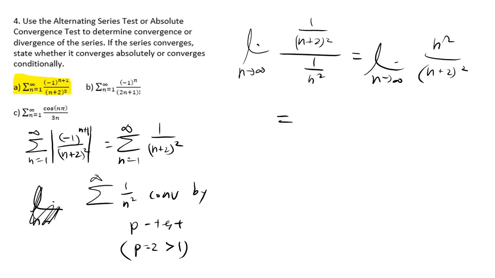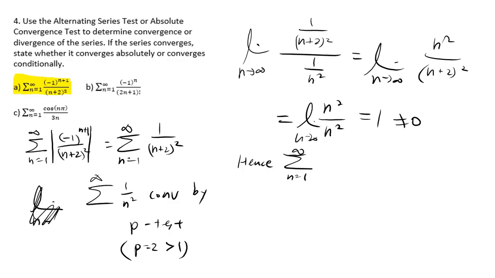Since n dominates 2, that's almost like n squared over n squared, and that's 1, which is not equal to 0. If it's not equal to 0, that means the limit comparison test works. So hence, sigma n from 1 through infinity of 1 over n plus 2 squared converges by limit comparison test.